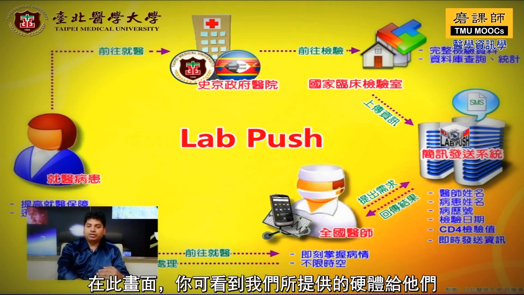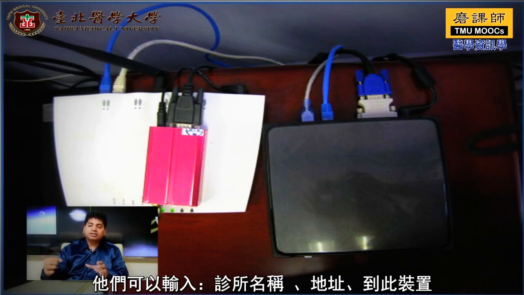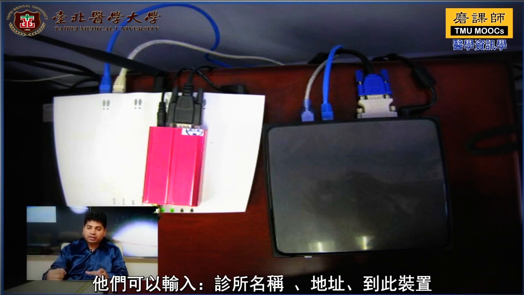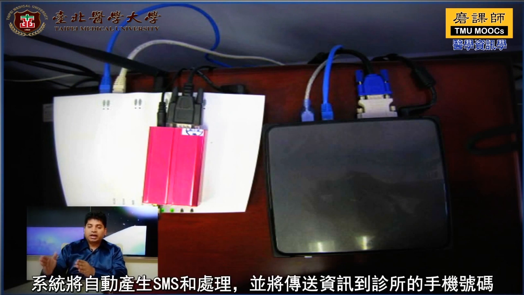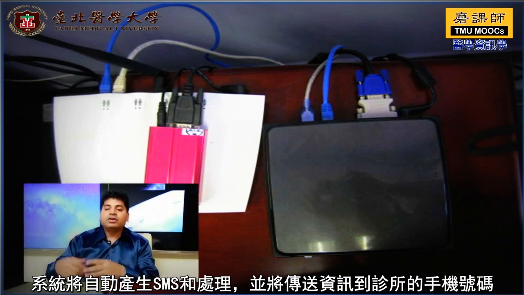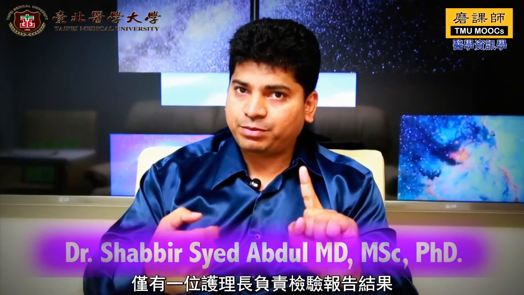Here in this picture you see we have provided hardware to them where they can just input an Excel file with the names of the clinics and addresses, and then the system will automatically generate SMS to the mobile phone number given for that clinic, and send all the blood examinations requested by that clinic, and that too only to one head nurse who is responsible for lab results.